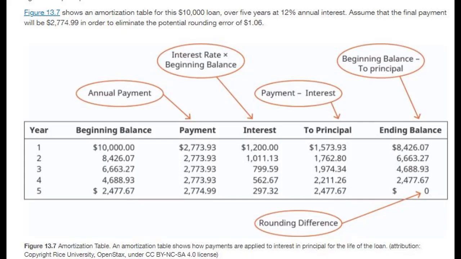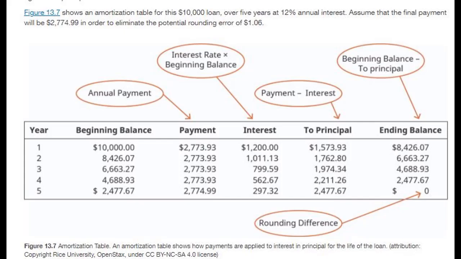Well, if you began this year owing $8,426, and if the portion of your annual payment that will go towards paying down that balance is $1,762, then the amount that you owe at the end of year 2 is $8,426 minus $1,762.